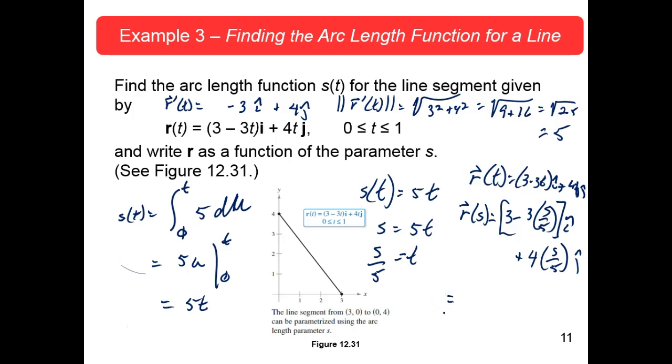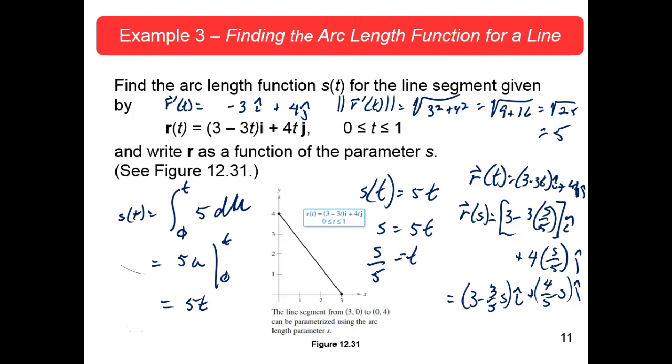So that would be 3 minus 3/5 s i plus 4/5 s j. So there's r as a function of s: 3 minus 3/5 s i plus 4/5 s j.